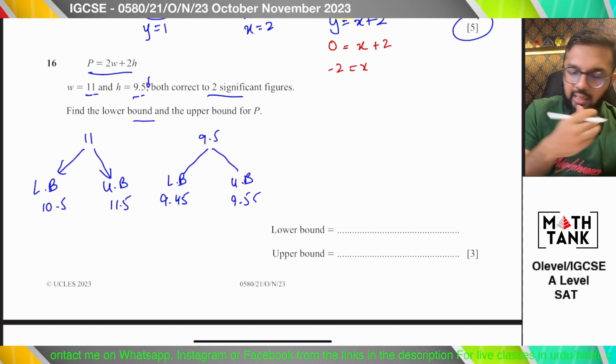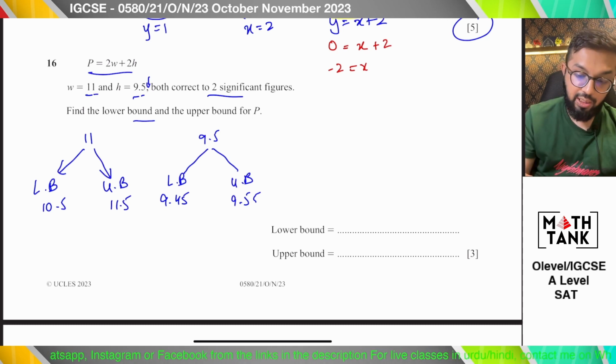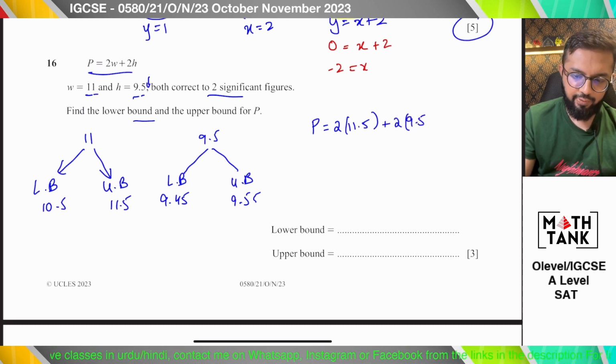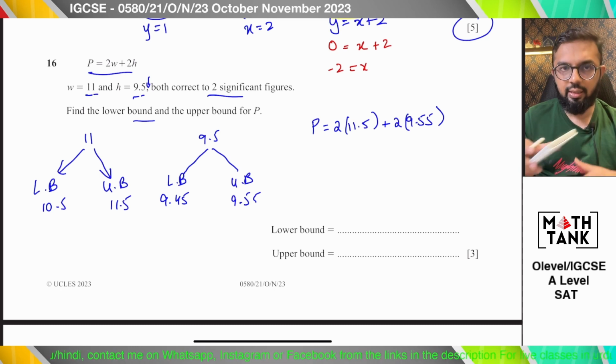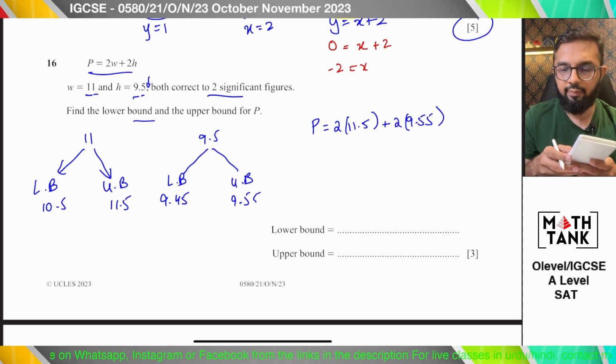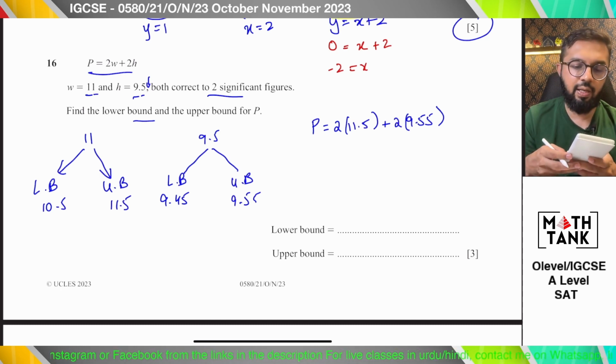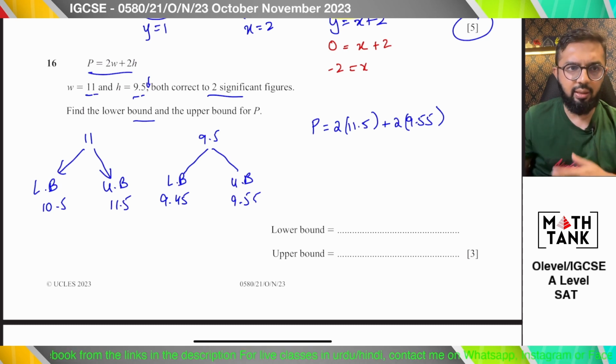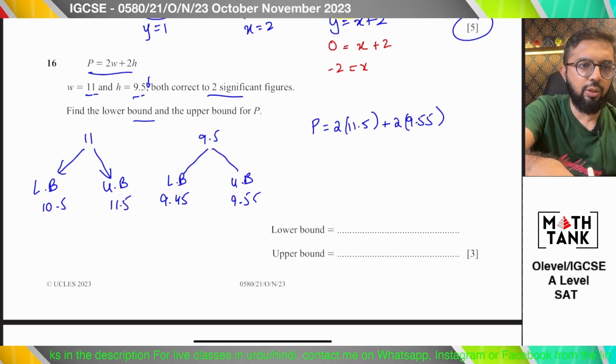Okay, then if I want to calculate the upper bound of P, I'm going to take both upper bounds and say that P is 2 times 11.5 plus 2 times 9.55. Let's see if we get the correct answer. Upper bounds are easier to imagine than lower bounds, so make sure that you do those properly.